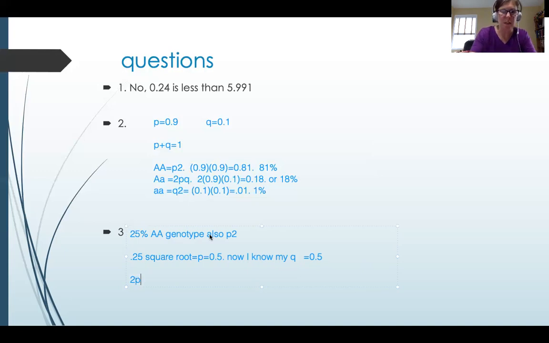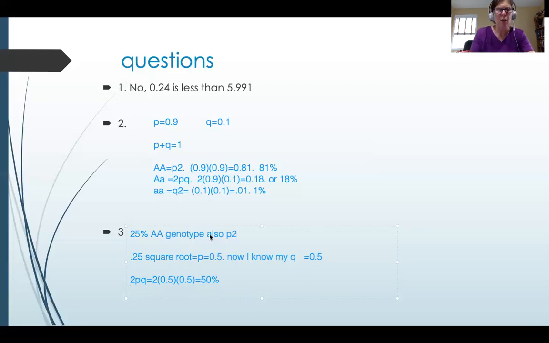That's my 2PQ. So 2 times 0.5 times 0.5, that is going to equal 50%. And then it's going to ask me for my homozygous recessive.